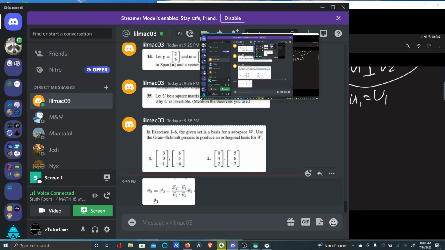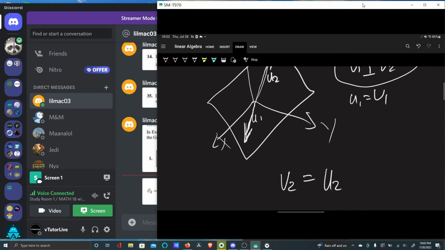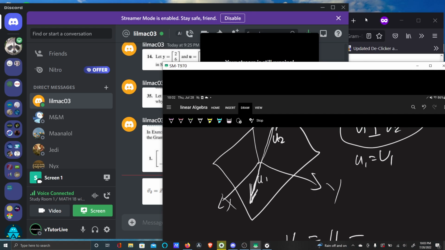But yeah, the idea behind the Gram-Schmidt process is, off the top of my head, I don't exactly remember the justification behind it, but they're basically saying that if you do v2 is equal to u2 minus, what did Wikipedia say?